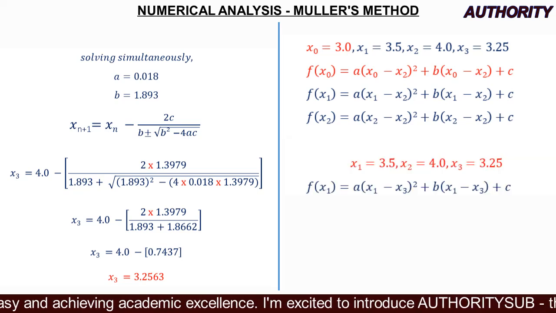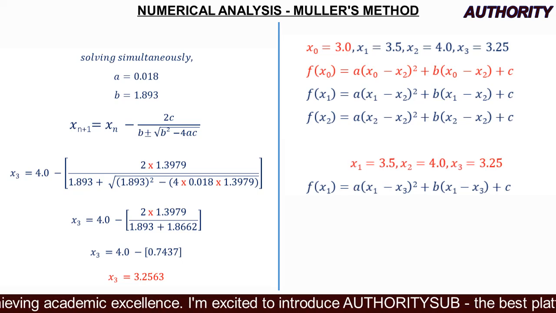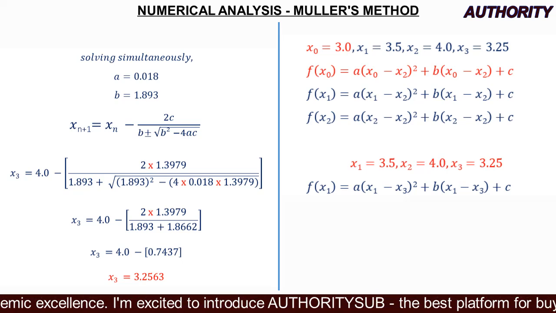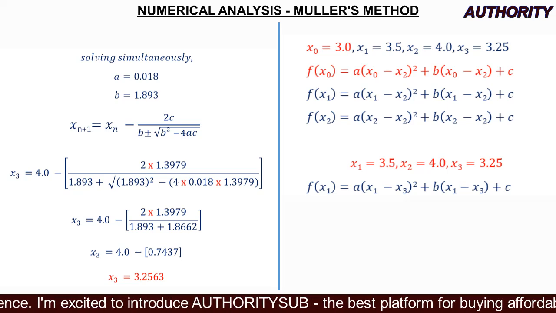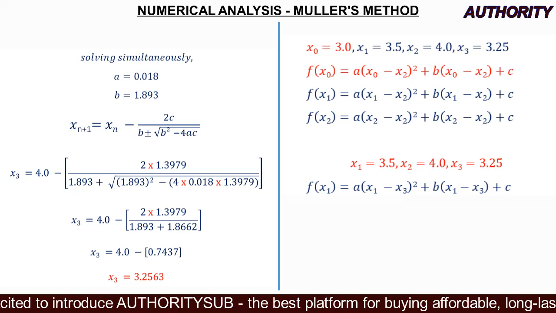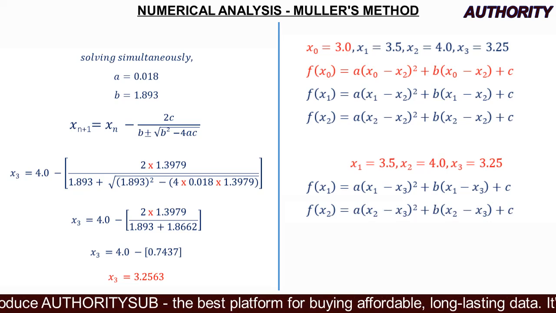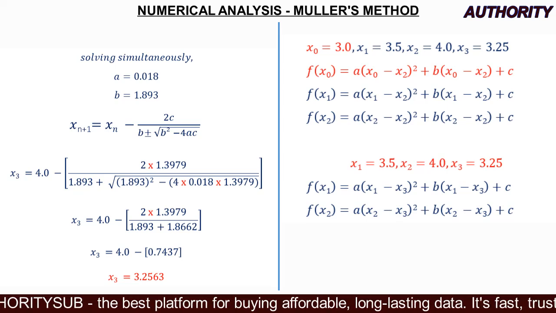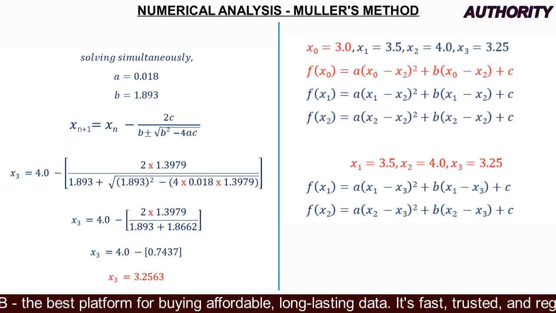So f of x1 is equal to a open bracket x1 minus the last one we have now, which is x3, close bracket squared, plus b open bracket x1 minus x3 close bracket plus c. Then f of x2 is a open bracket x2 minus x3 close bracket squared, plus b open bracket x2 minus x3 close bracket plus c.